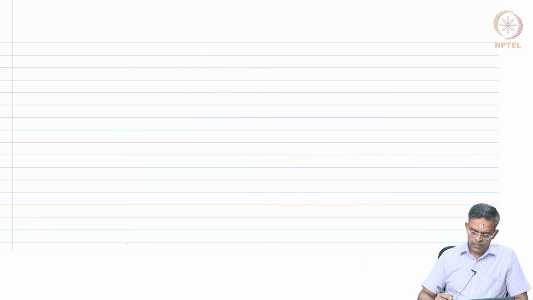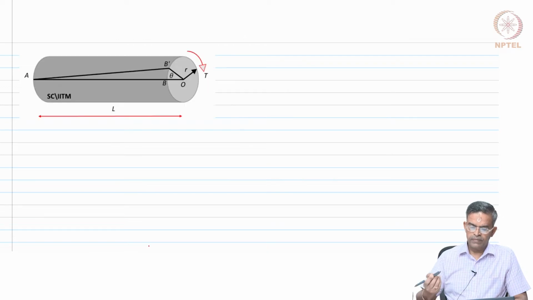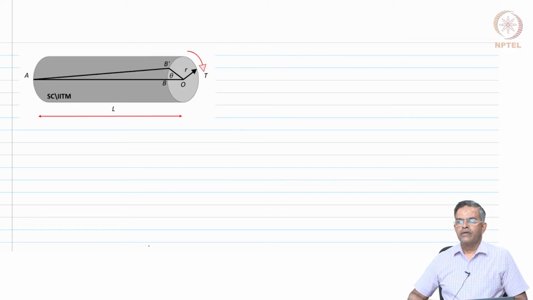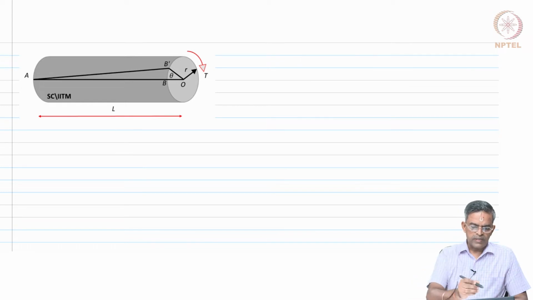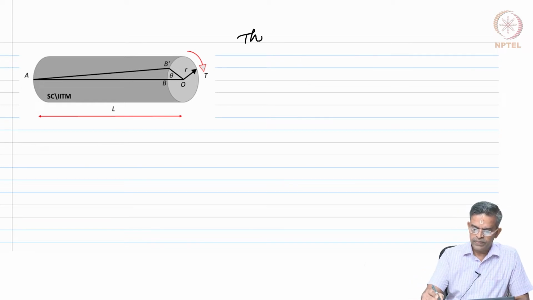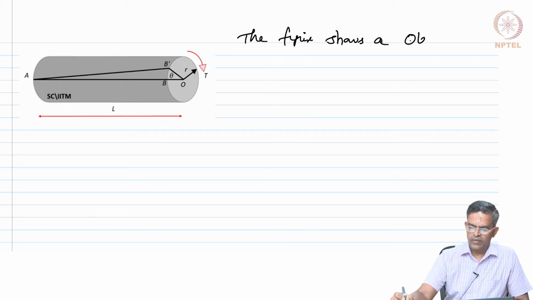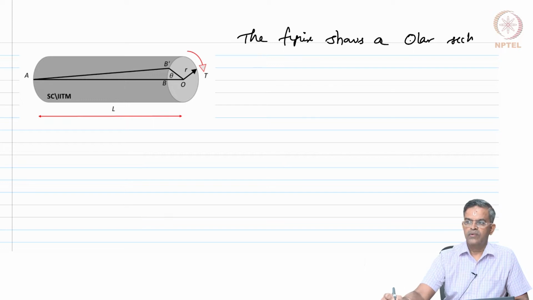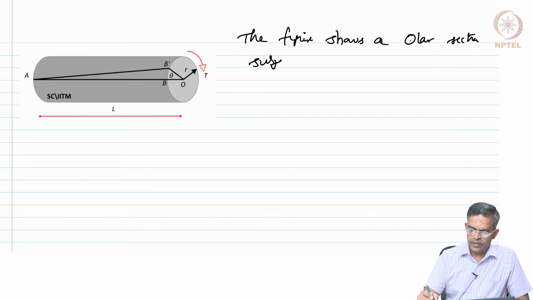Let us look at a figure. I will copy this figure here. This is a circular section subjected to torsion at one end.